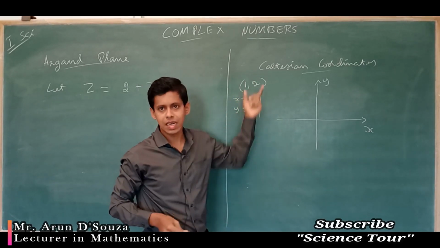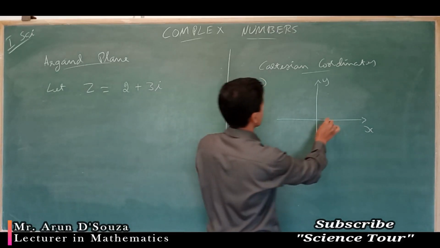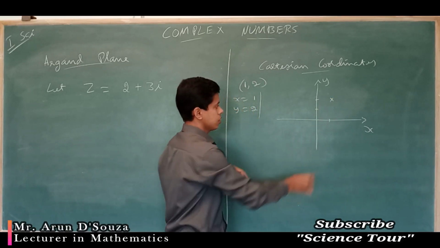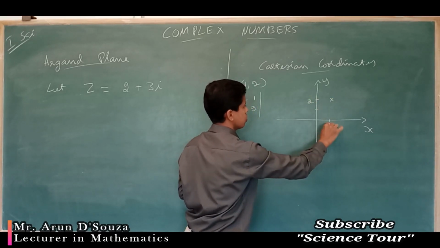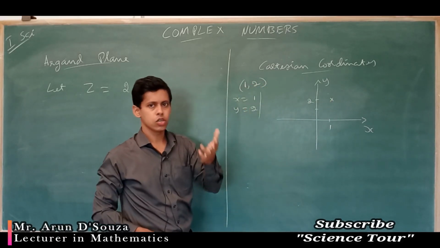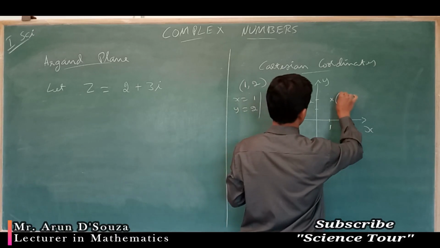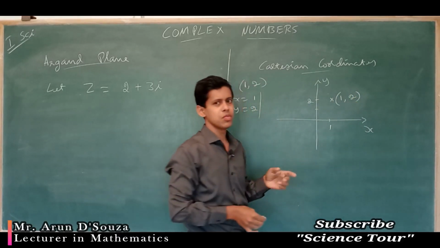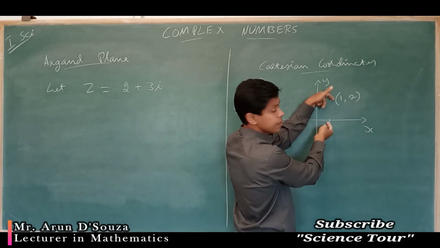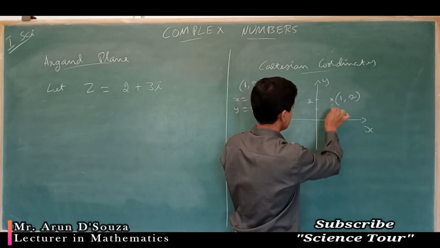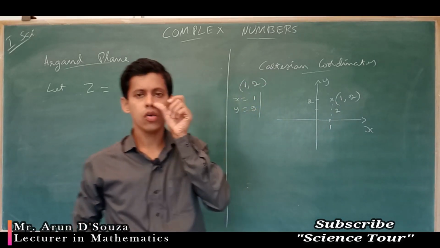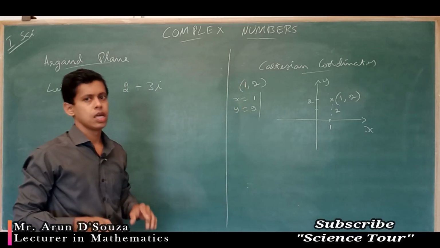That's what we mean by that (1, 2). So this is 1 and this is 2, and this height is 2. So this height is 2 here and this length is 1. So that's how we understand these Cartesian coordinates.